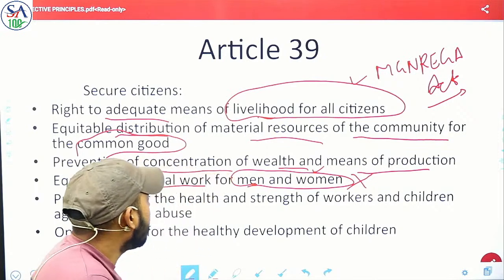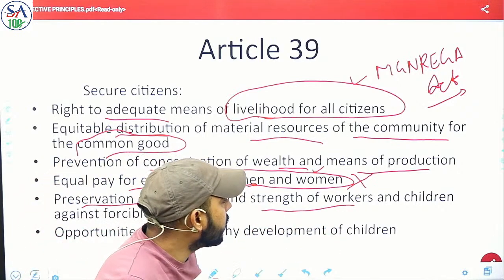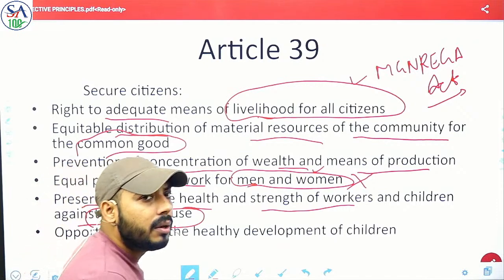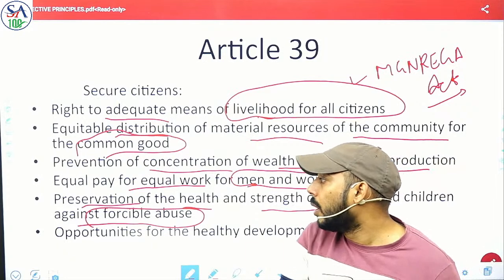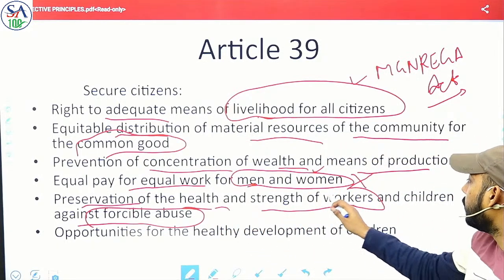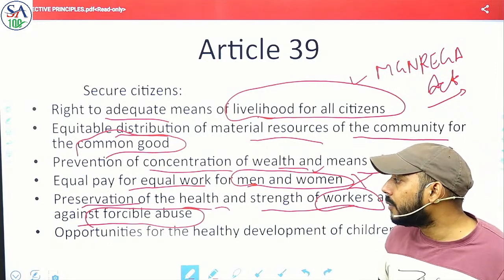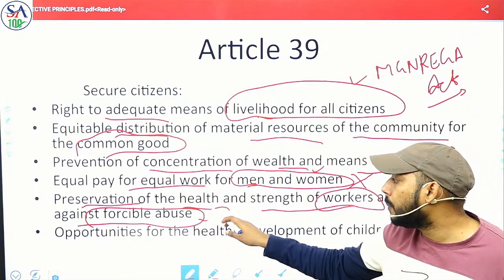Next important thing is preservation of the health and strength of workers and children against forcible abuse. Again, there is nothing to explain in this article. The government has to take measures for the welfare of workers and children against forcible abuse.